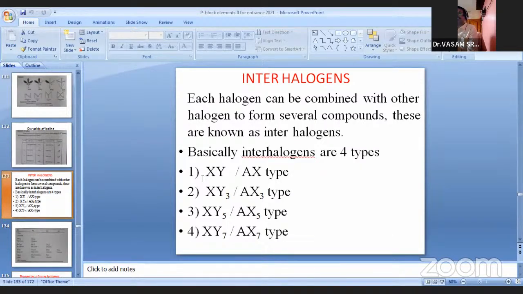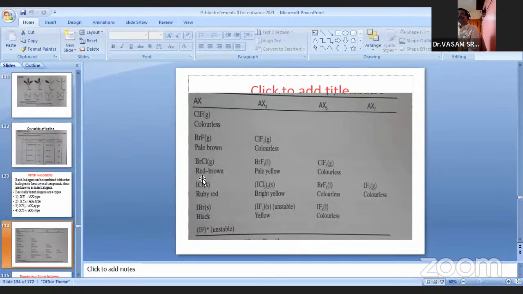Here A and X are both halogens, but A acts as the central halogen, and X are the halogens surrounding A. Examples: AX, ClF; AX3, ClF3; AX5, ClF5 or IF5; and AX7, IF7. These are iodine heptafluoride, iodine pentafluoride, chlorine trifluoride, and chlorine fluoride.